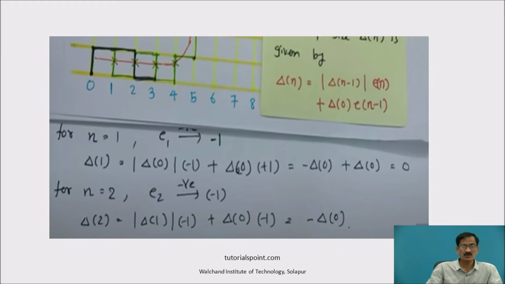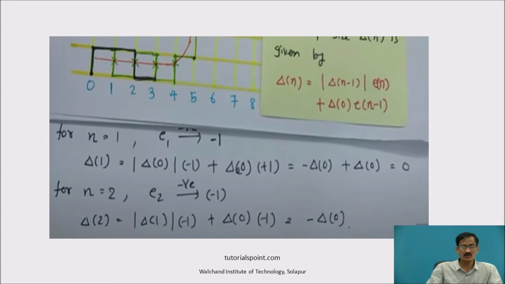Now for n equals 2, at instant 2, if you look at this diagram, again the staircase output is greater than that of the analog signal at instant 2. So the error signal E2 is negative.